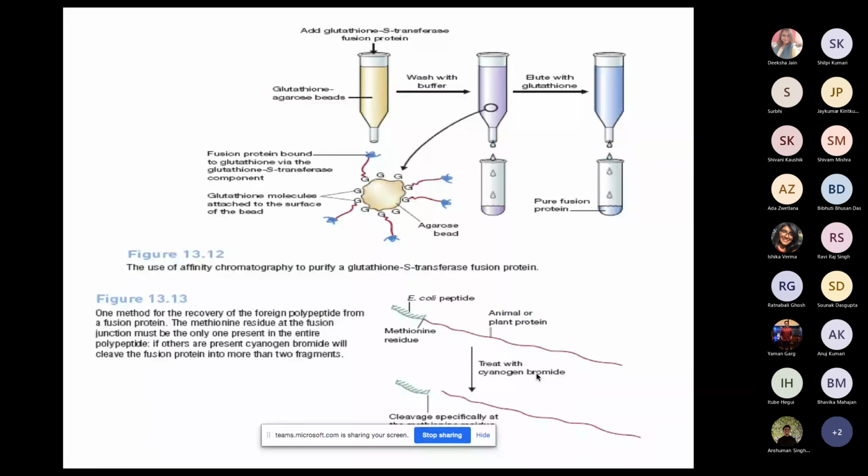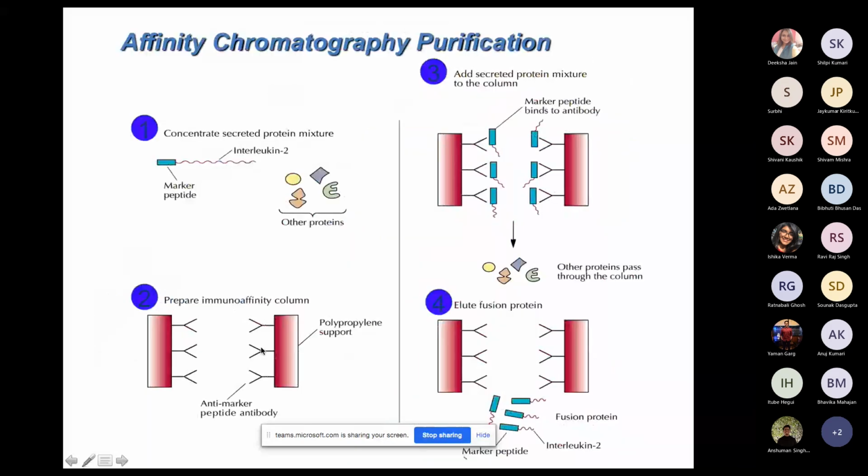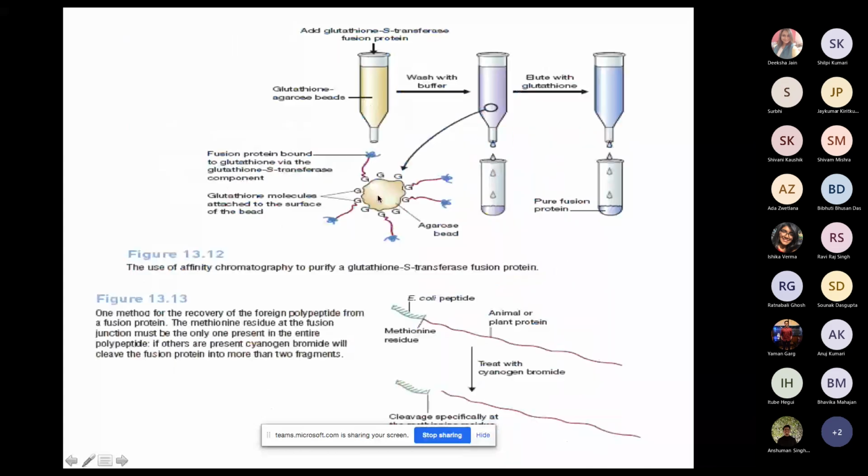Then for example, another case is given. In the previous case, columns were used, and in this case, the only difference is that beads are used. Here my protein of interest is a fusion protein with glutathione S transferase. It's a GST fusion protein, and it binds to glutathione.